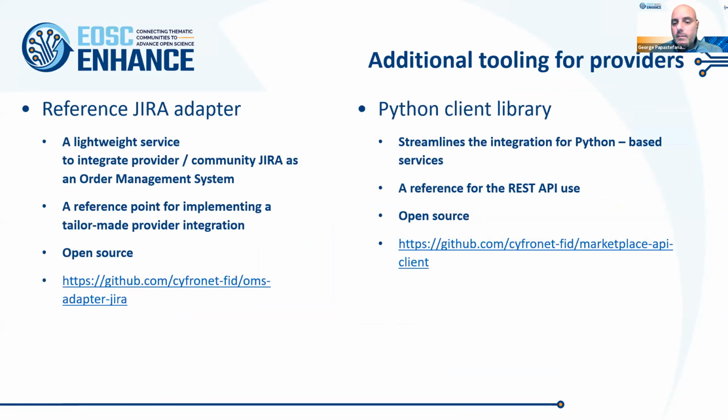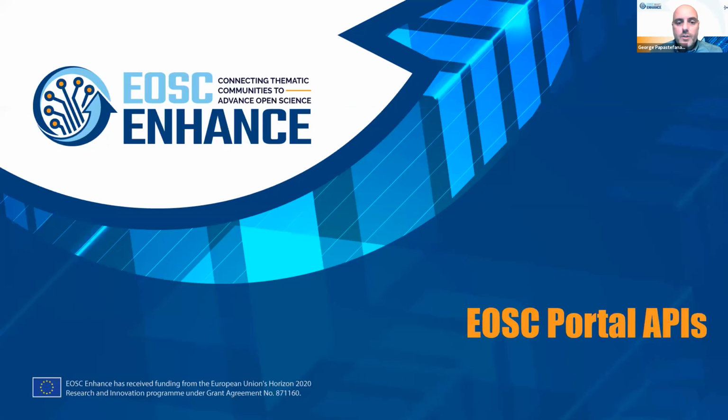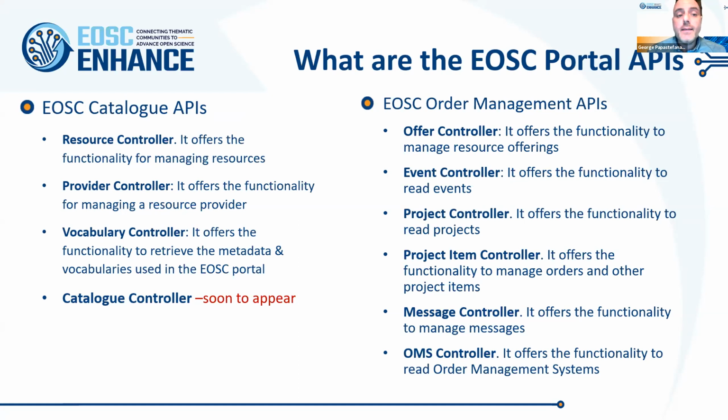And my last section of the presentation has to do with the APIs. Now the APIs offer several programmatic ways to manage the catalog of resources and the order management.